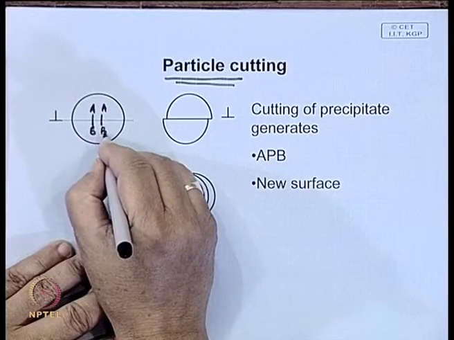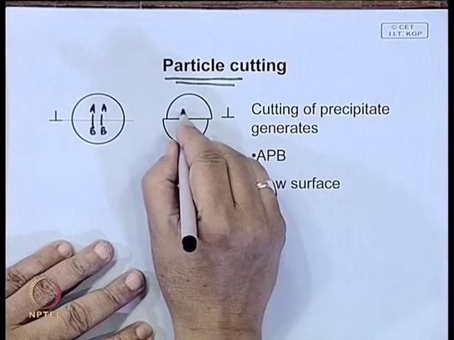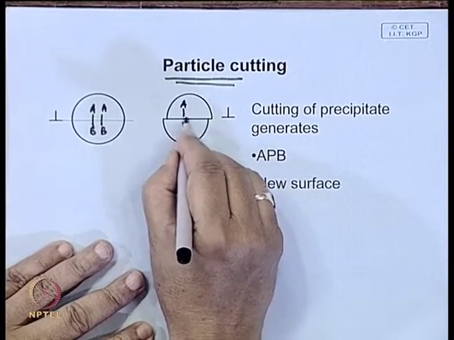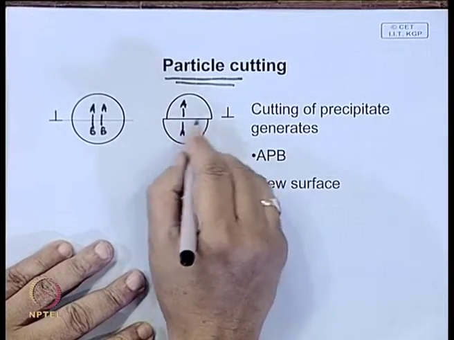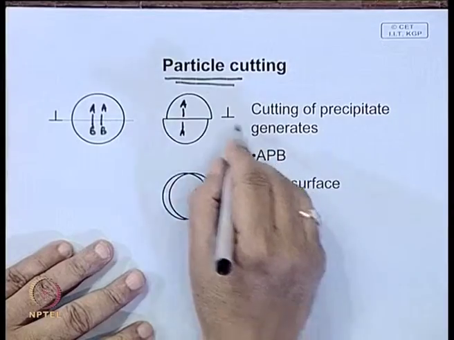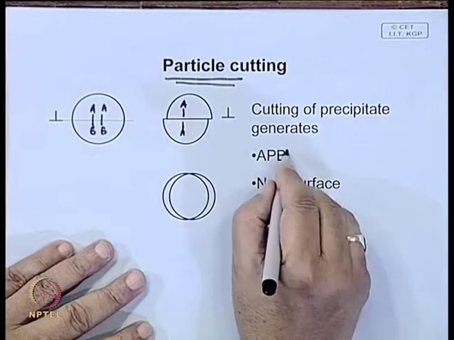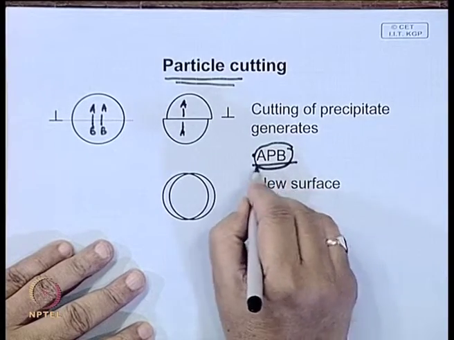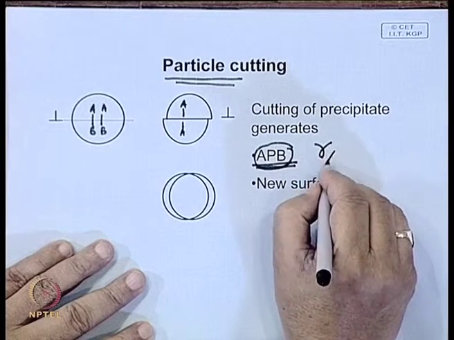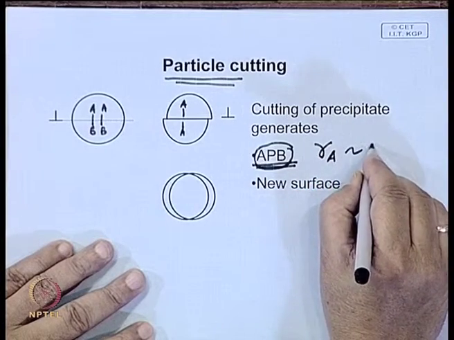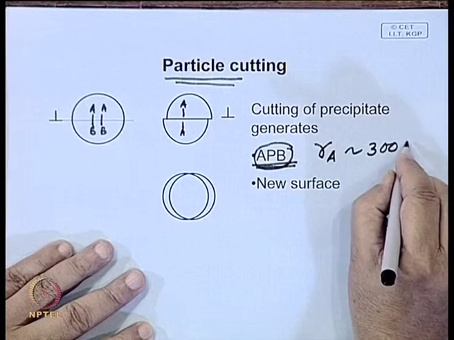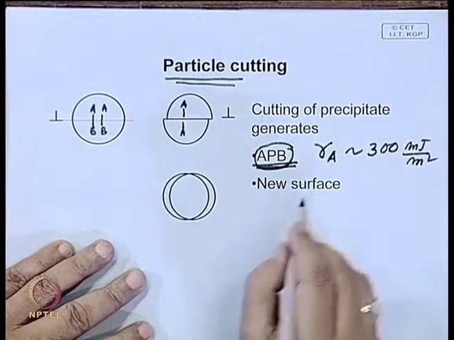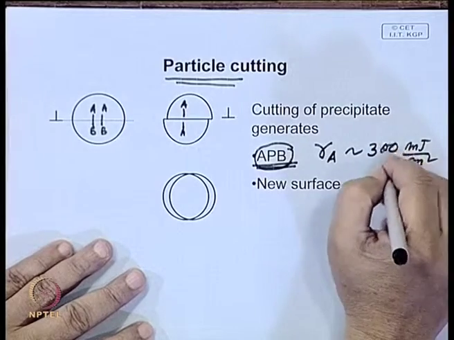If you slip it, this also becomes A, so the order gets disturbed, and this will have an additional energy called antiphase domain boundary energy. This can be quite large, around 300 millijoules per meter square, whereas for a coherent precipitate we have seen maybe 1/10 of this.